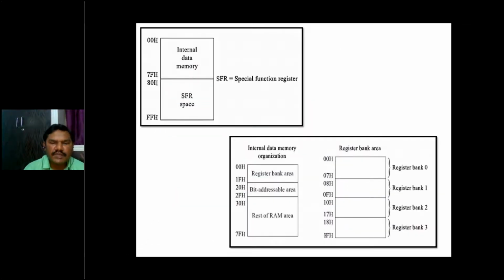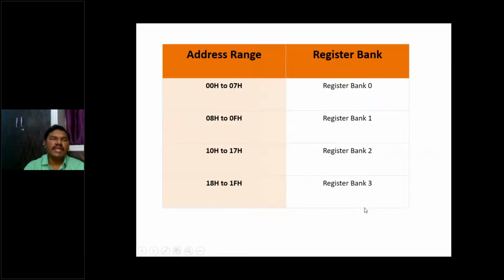So this I explained just now. 00 to 7F here: 00 to 1F, 20 to 2F, 30 to 7F. 00 to 07 is bank 0, 08 to 0F is bank 1, 10 to 17 is bank 2, 18 to 1F is bank 3.